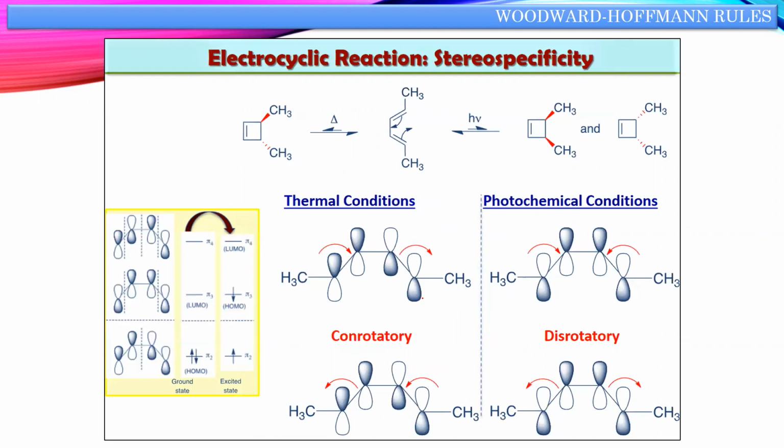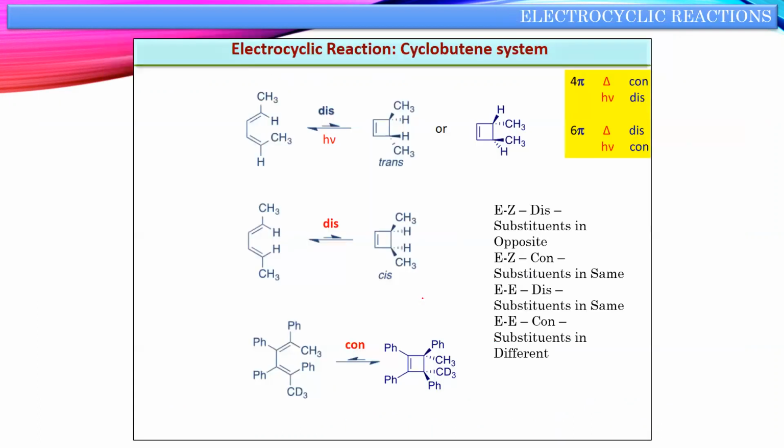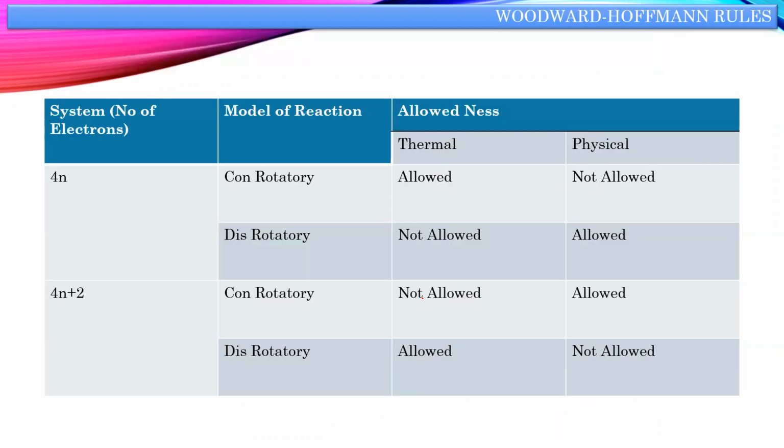These are all the orbital distributions. Here, this table is very, very important. By seeing the arrows, you will observe 2 terms, right? One is heat, another one is hv. Conrotatory and disrotatory are 2 types of rotation which are very, very important. These are given in the reaction itself, so I am not discussing conrotation and disrotation here. If it is given in the reaction, just proceed, and remember this table.